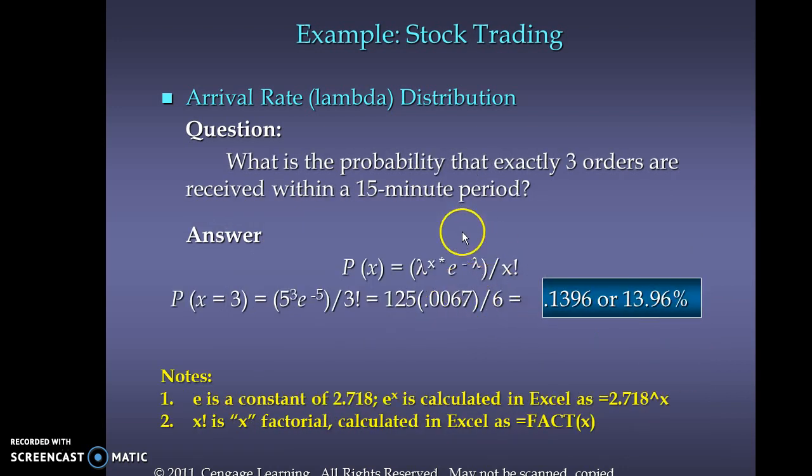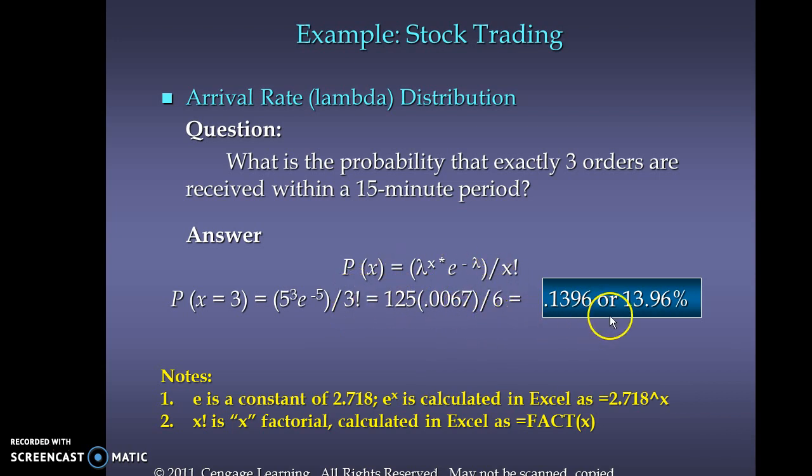Let's consider a different x number. What's the probability that 3 orders come in a 15-minute period of time? The same equation is used, but x is equal to 3. So in that case, we have different values. We have to calculate 5 to the 3rd, which is 125, e to the negative 5th, which is this value, and then 3 factorial, which is 6.